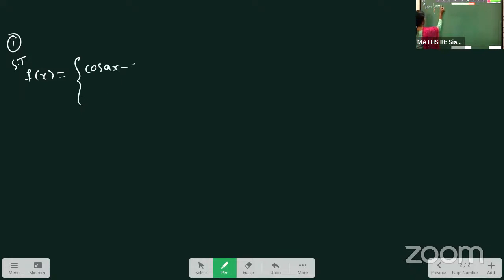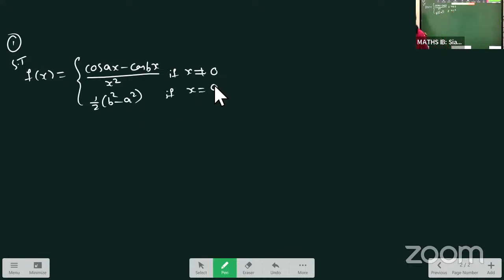4-mark question. The question is like this. Show that f of x is equals to cos ax minus cos bx by x square if x not equal to 0, and half of b square minus a square if x is equals to 0, where a and b are constants, is continuous at 0.